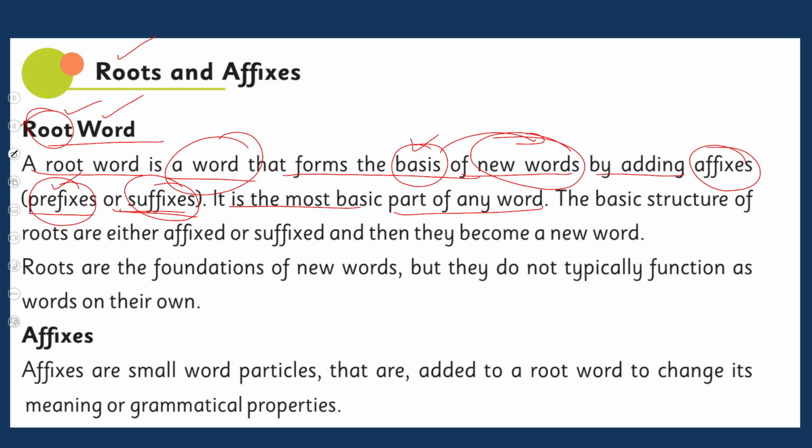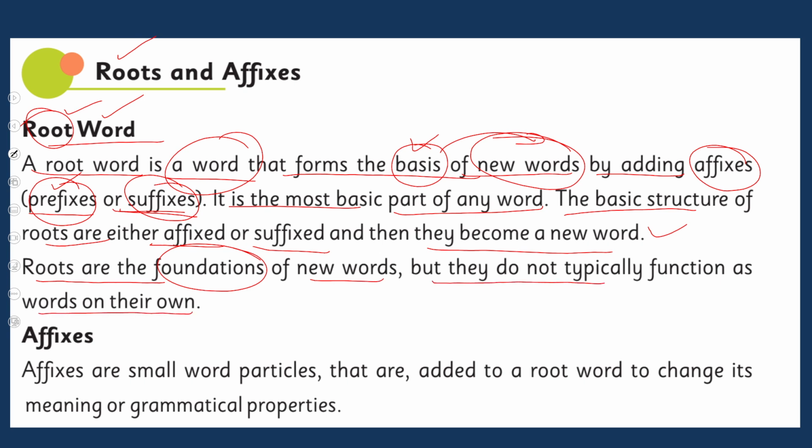This is what we need to memorize. The basic structure of roots is that they are either prefixed or suffixed, and then they become a new word. Root words are the foundations, they are the basis, the root of new words, but they do not typically function as words on their own. Let's talk about affixes. Affixes are small word particles that are added to a root word to change its meaning or grammatical properties.